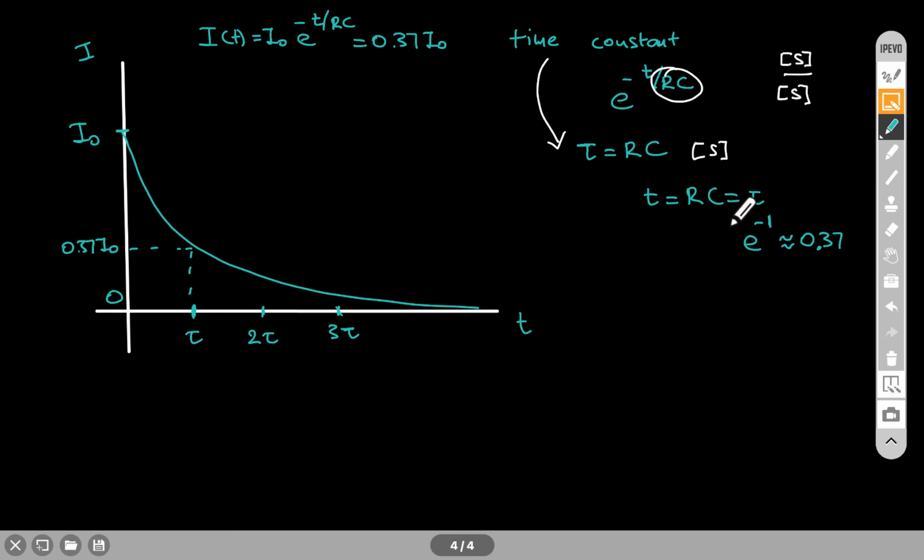So one thing that you can do with the time constant is use it to see how long you need to wait until the capacitor, for example, discharges.